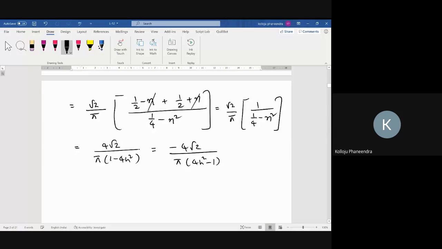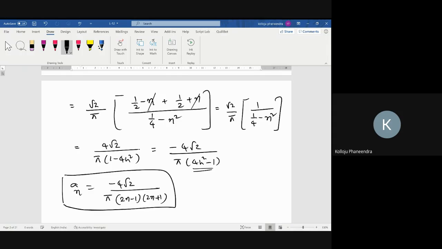Why am I writing this? Because the structure looks simple: 4n square minus 1 can be written as a square minus b square, a minus b into a plus b, (2n minus 1)(2n plus 1). This is for all n, and remember here in the denominator 2n minus 1 is there, and an is not defined when n equals 1 by 2, but n equals 1 by 2 is not a positive integer.